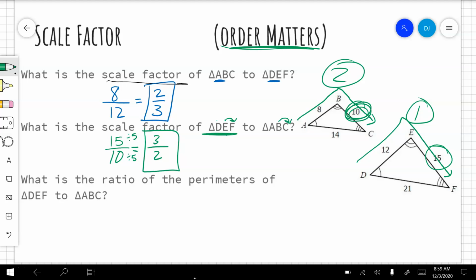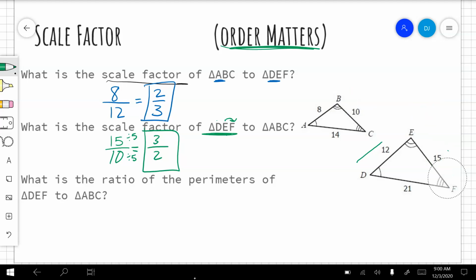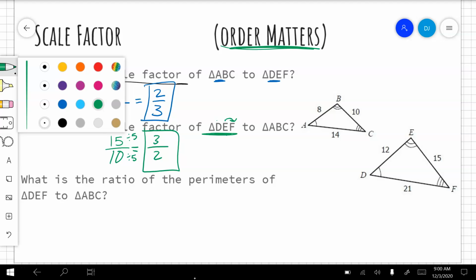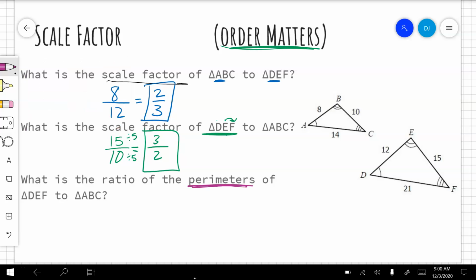Let's take a look at the ratio of the perimeters of triangle DEF and triangle ABC. Now we're looking at the ratio of perimeters. Perimeter is the sides added up.